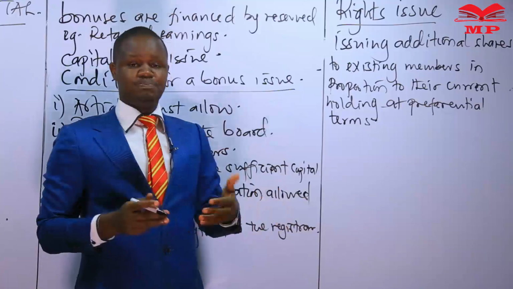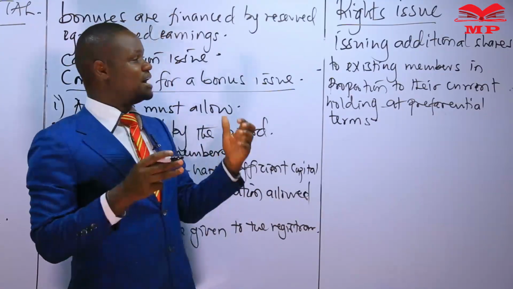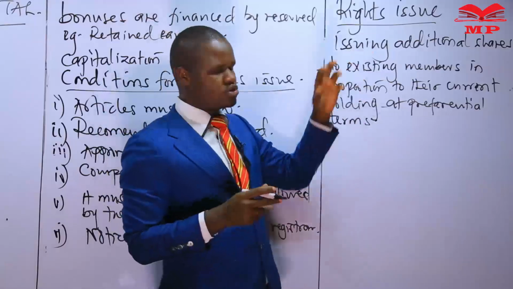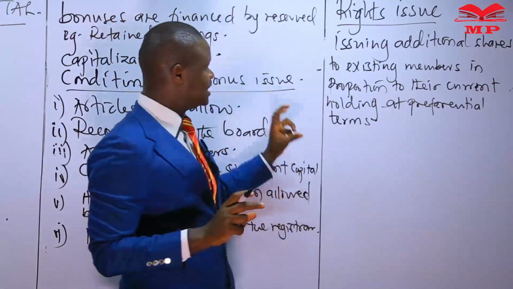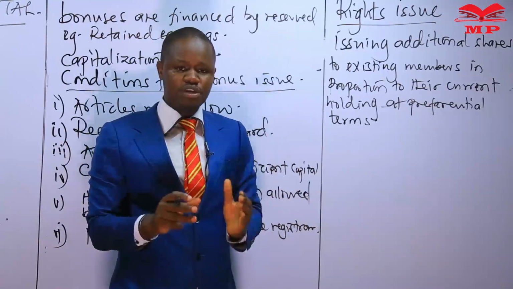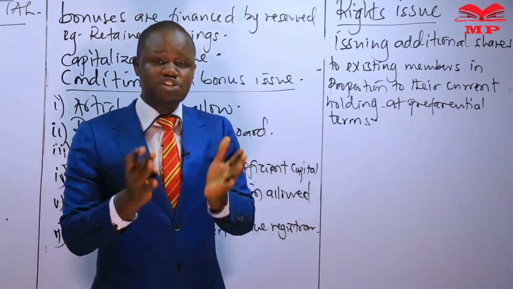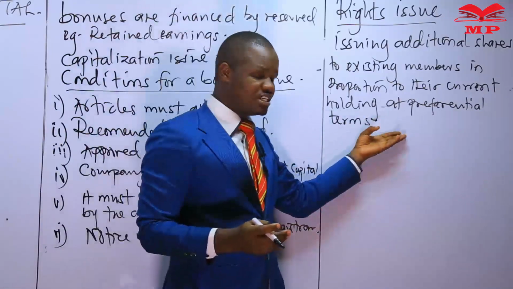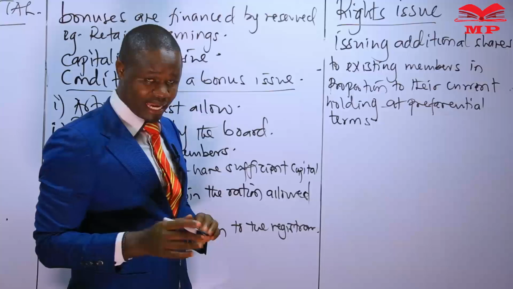So a rights issue will again increase the company's share capital, but is more so a special opportunity given to existing members to increase their shareholding in the company, by paying less than they would be paying in the market.